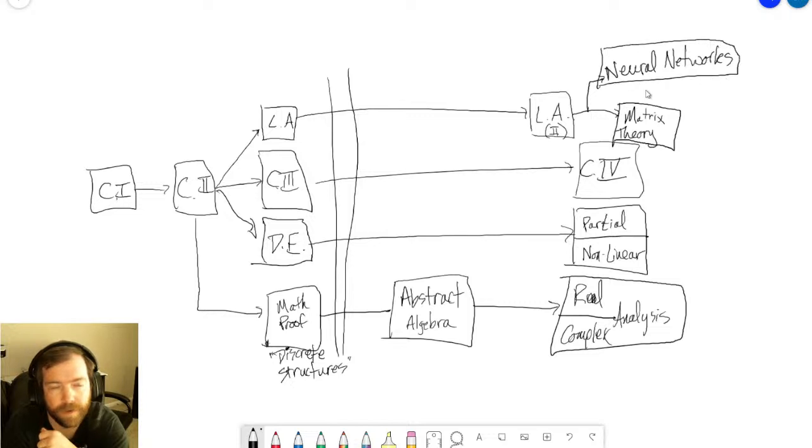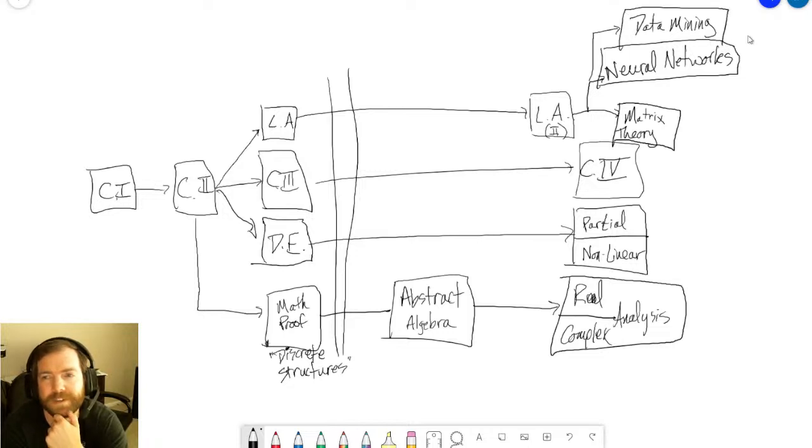And I didn't have to take neural networks for it, but data mining made it a lot easier when I did neural networks and then I did data mining. Yeah, I mean this tier is basically what you're going to be asking about.